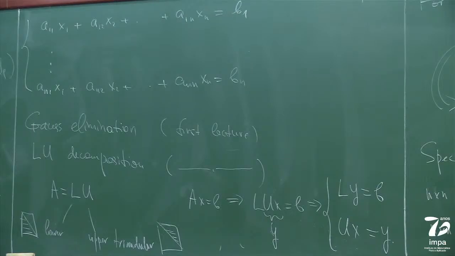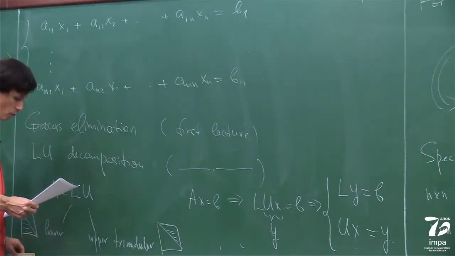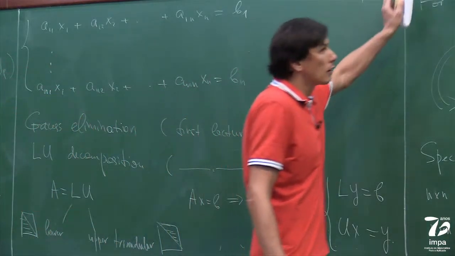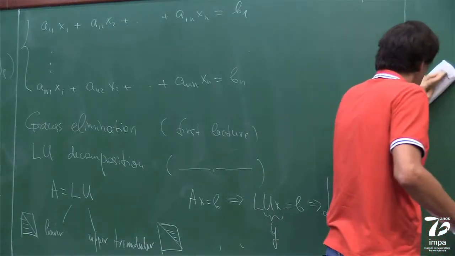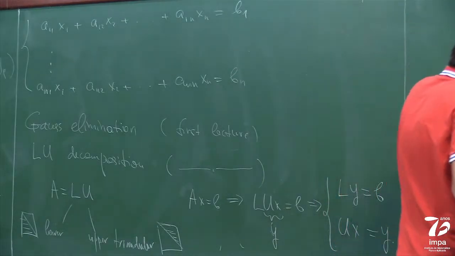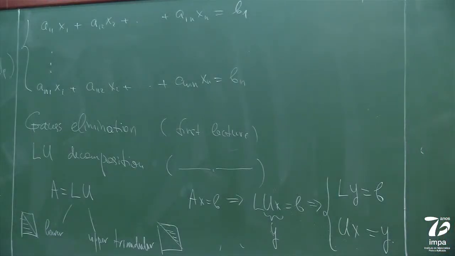So they are both solved explicitly by back substitution, starting from the beginning or from the end, depending on the lower or upper triangular form. So this is how it works. Take a look at the first lecture, or even better read the book to remember what it is.